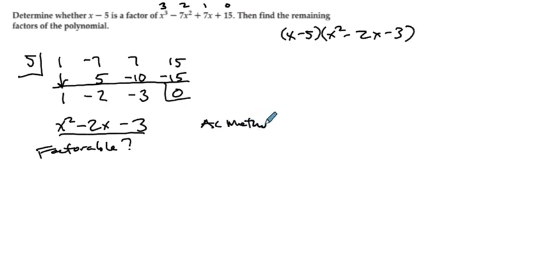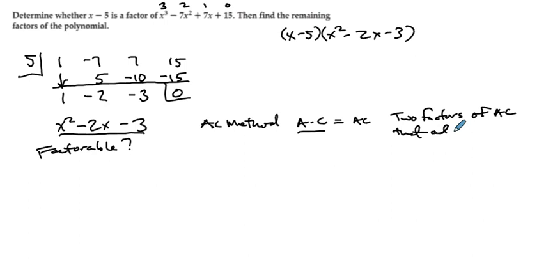Okay, and remember the AC method states that you multiply A times C, and then you get AC, whatever that number is. Then you want to find 2 factors of the product AC that add to your B term, and your B term is this one right here.